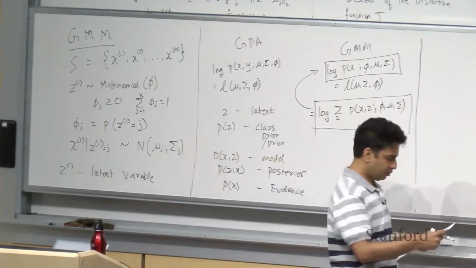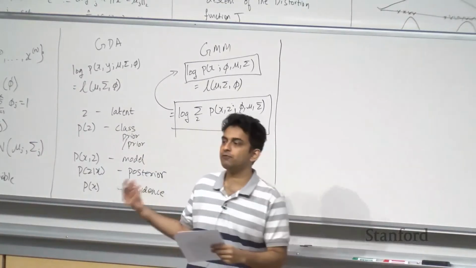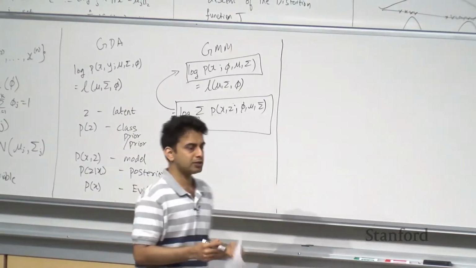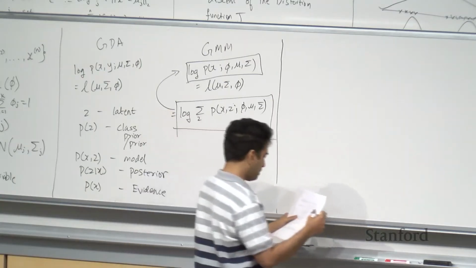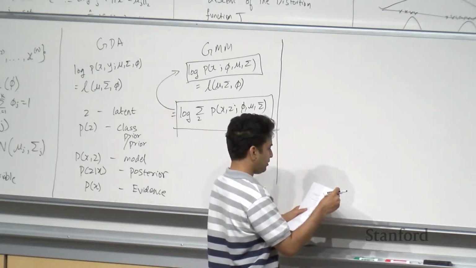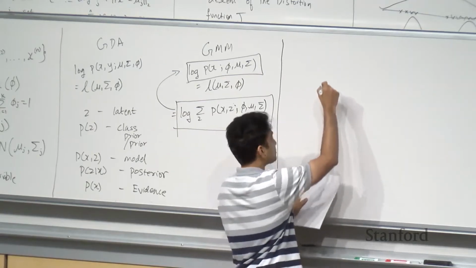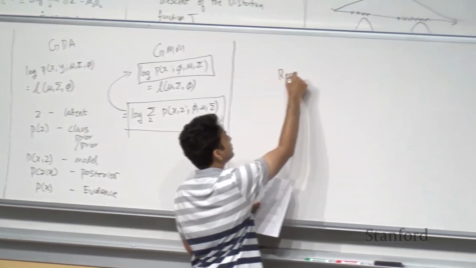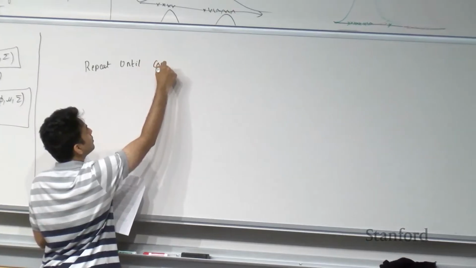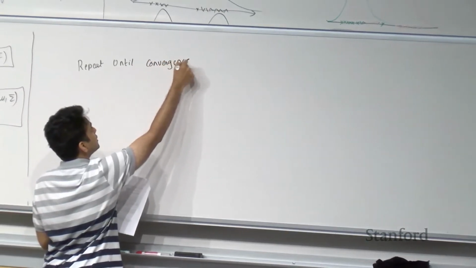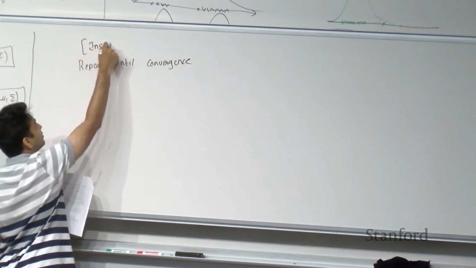So instead, taking inspiration from k-means, we are going to first imagine or come up with some kind of an estimate for the zi's. So the algorithm that we are going to do is repeat until convergence, which is just inspired by k-means.